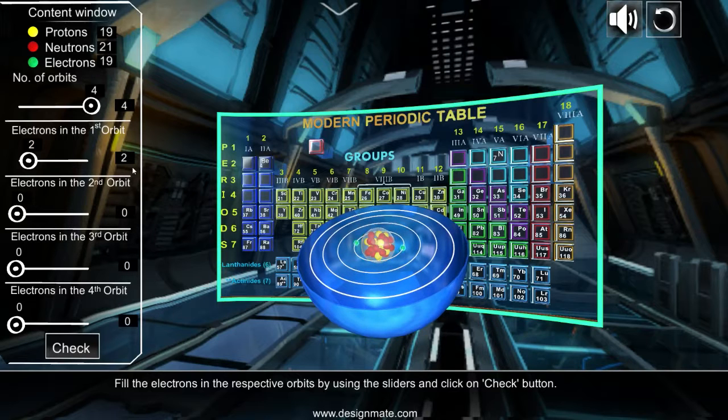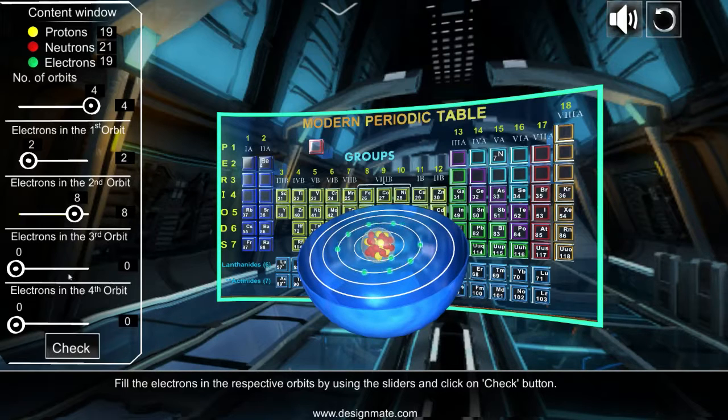Since n is 1 here, 2 multiplied by 1 squared gives me 2. So that is the maximum capacity of the first shell. Now the maximum capacity of the second shell will be 2n squared, so 2 times 2 squared gives me 8. So I place the next 8 electrons in the second orbit. I have placed 2 plus 8, a total of 10 electrons already. I still have 9 more electrons to place.